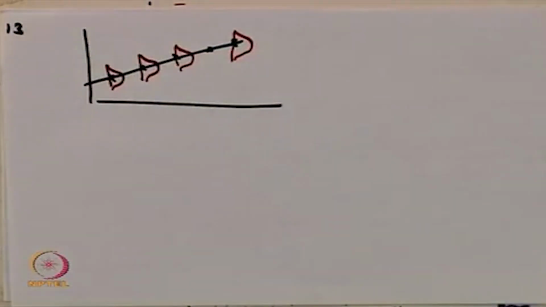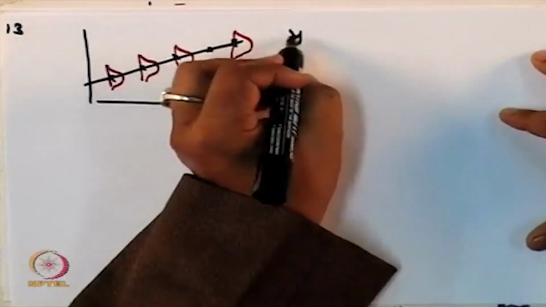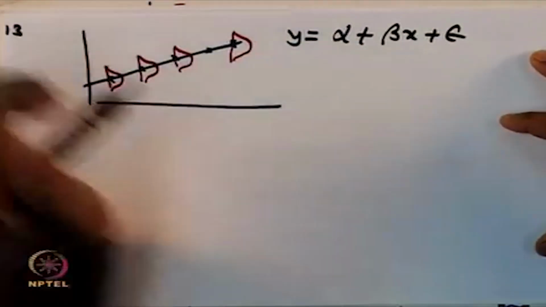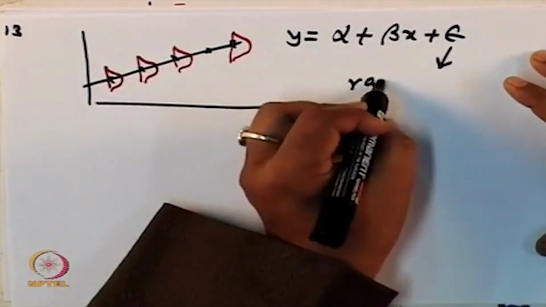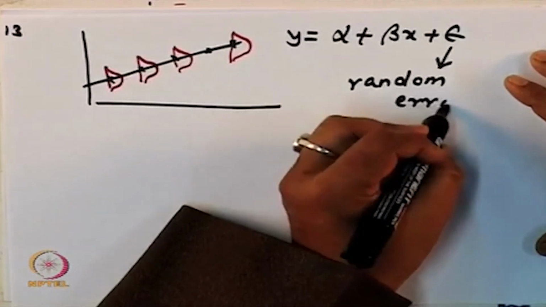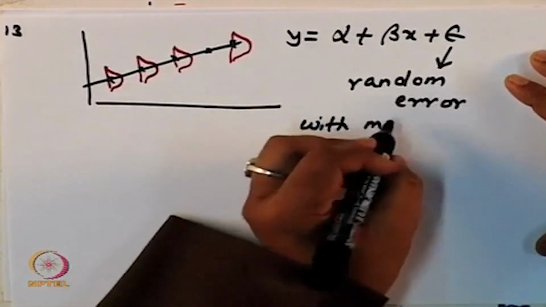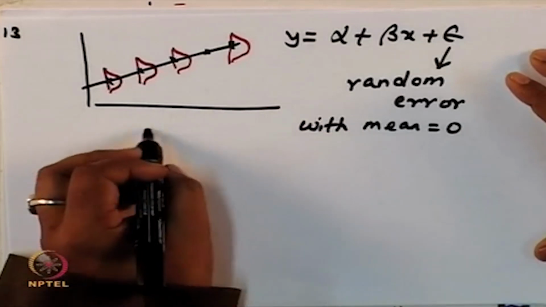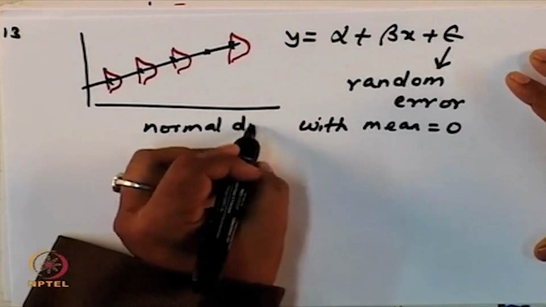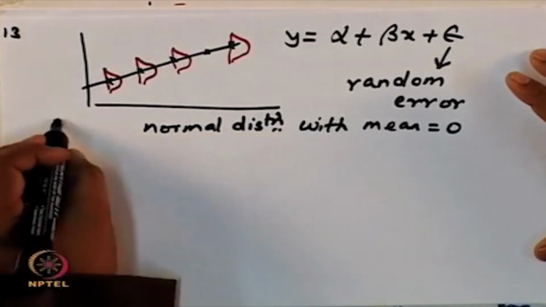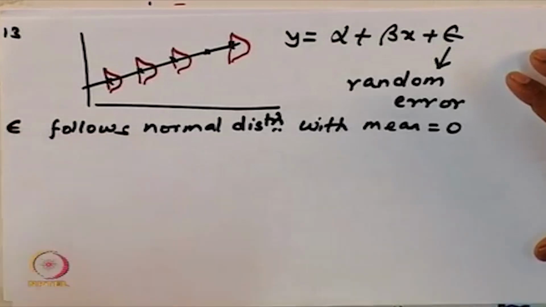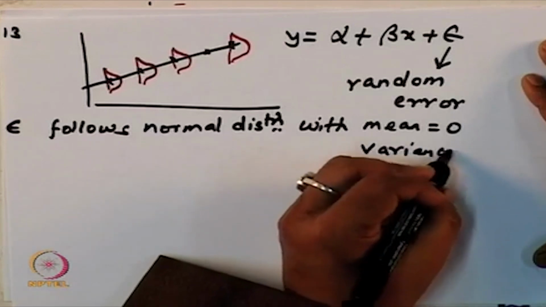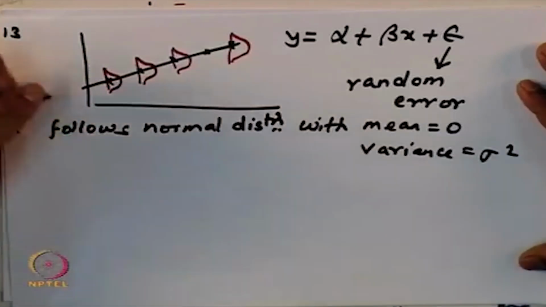So, what I have drawn here is as if your equation of the line was y equal to alpha plus beta x plus some error, where epsilon is a random error with mean of 0, and follows a normal distribution with mean of 0 and variance of sigma square.